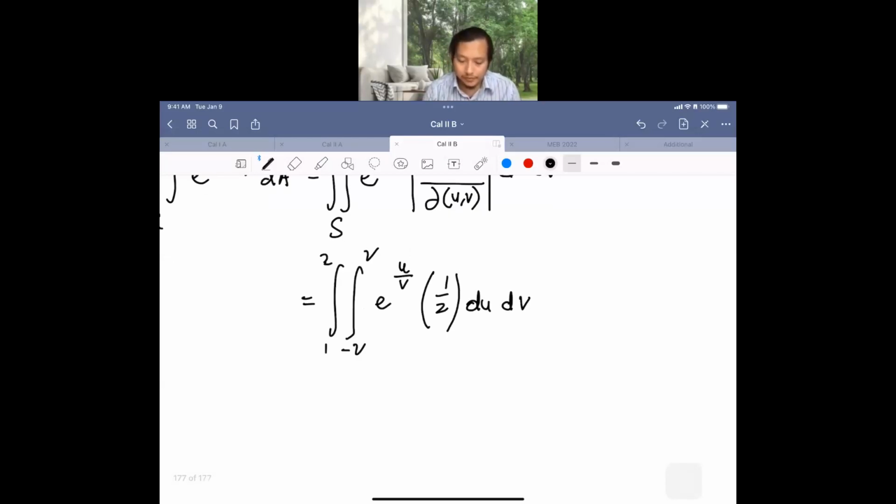Okay, we take 1 over 2 outside, and then we integrate the inside.